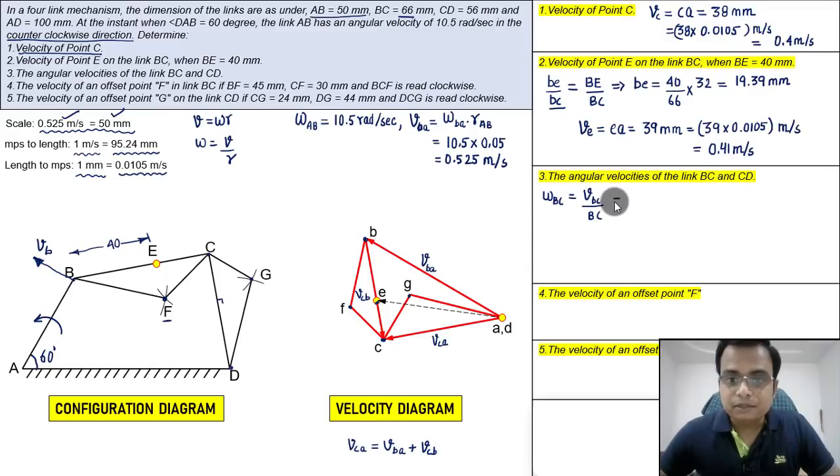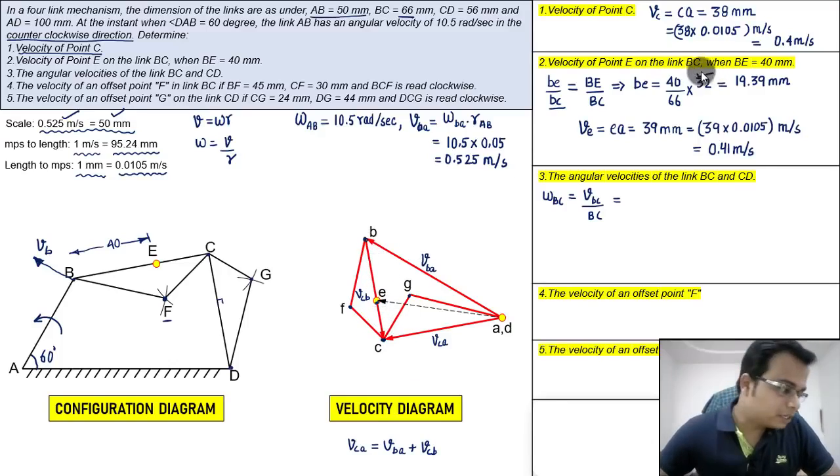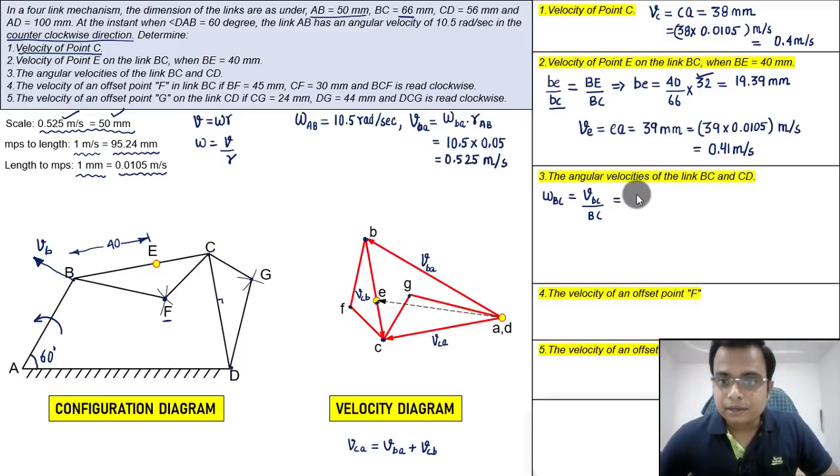So how much is VBC? From B to C, you need to calculate this distance BC. We already calculated it. Well, that's 32, but it is in millimeters, and in order to convert that into meters per second, you need to multiply that by 0.0105.